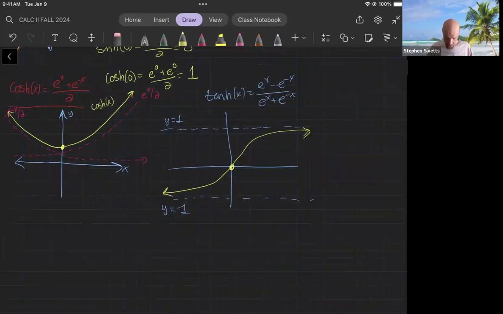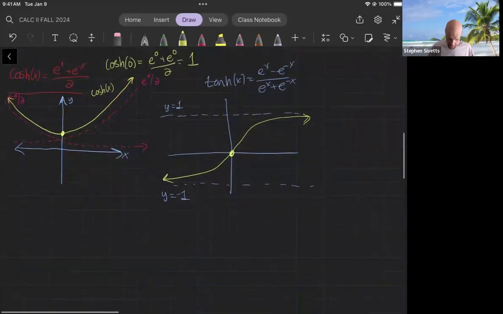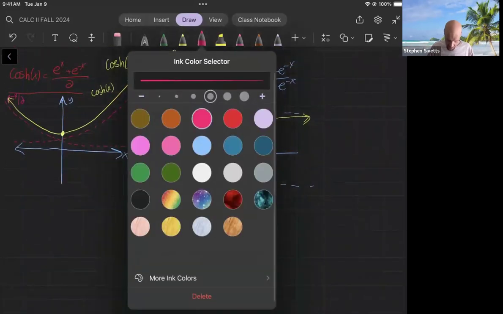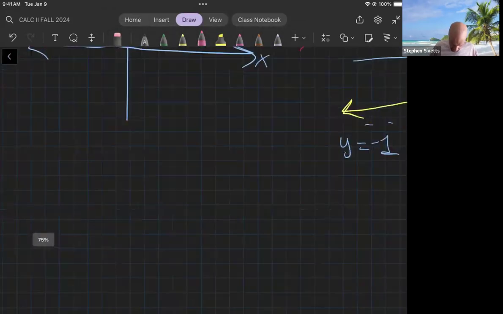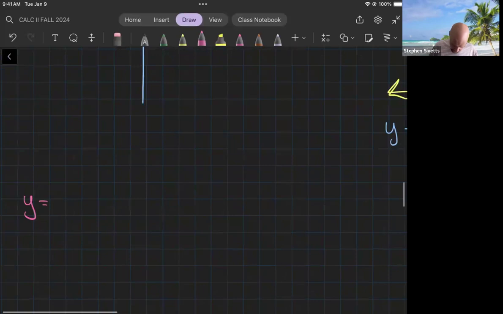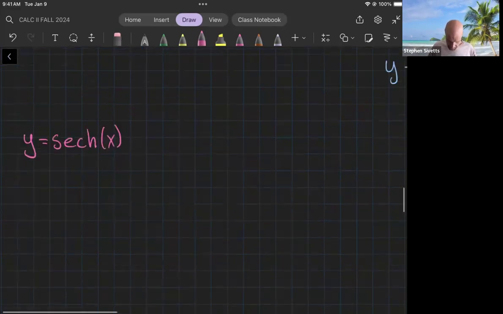So there are also the reciprocal functions that you might be able to recognize. Let's start off with hyperbolic secant of x. This is 1 over hyperbolic cosine, right?